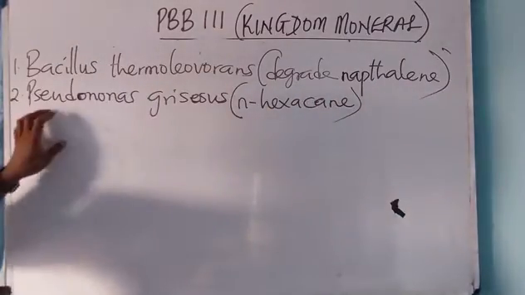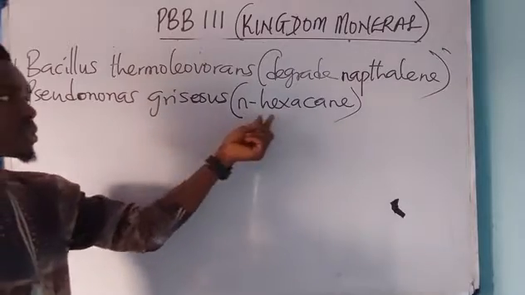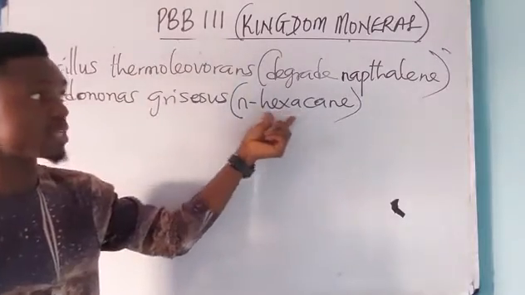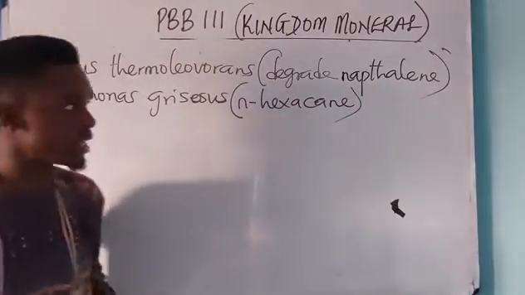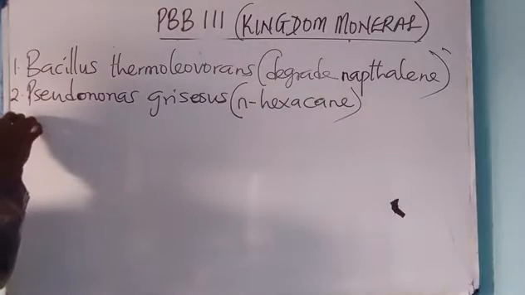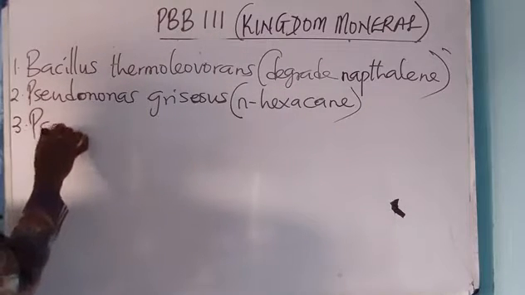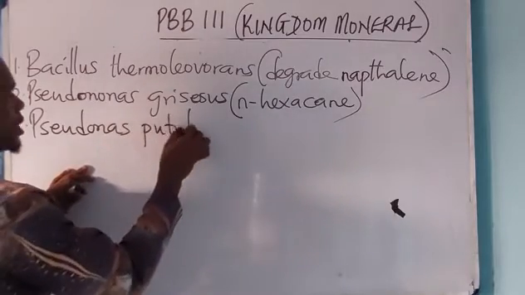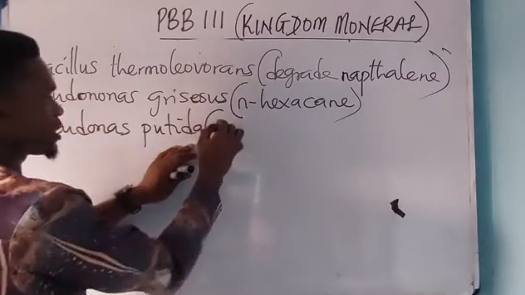These Pseudomonas grisosus degrade what? Normal hexadecane. That is the 16th member of what? The alkane series. And number three, you also have the Pseudomonas putida.